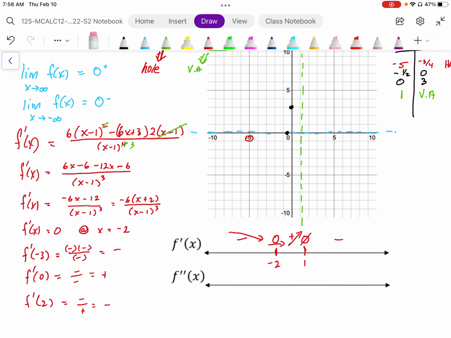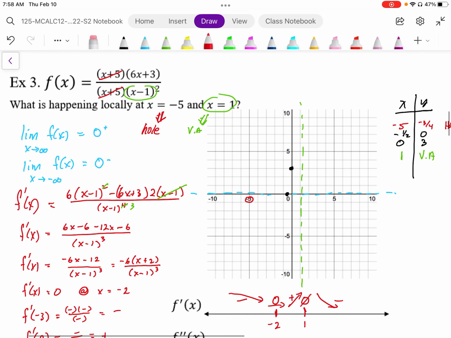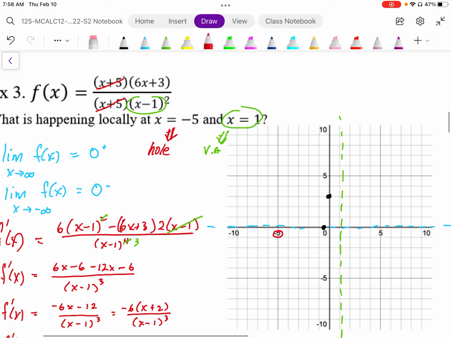So I know that from the asymptote, it comes down. Okay, and since this is a feature that if we have a squared denominator, that means that it's going to be pointing up in the same direction on both sides of the asymptote. Otherwise, it would switch direction if it didn't have that multiplicity of 2 in the denominator.